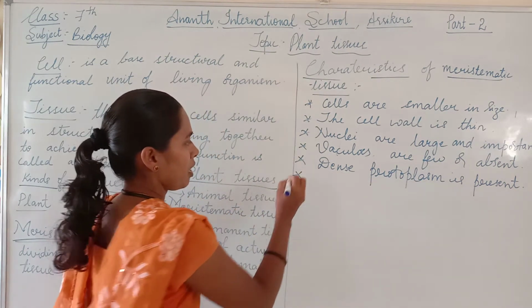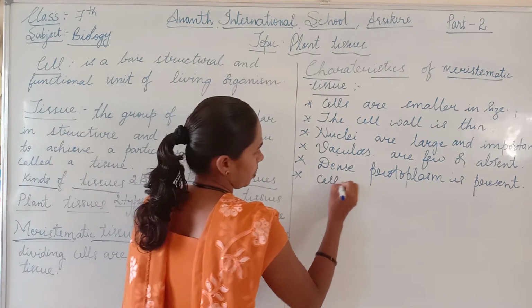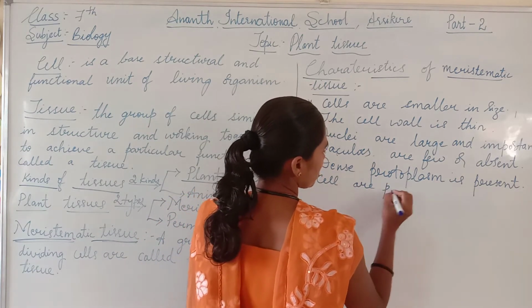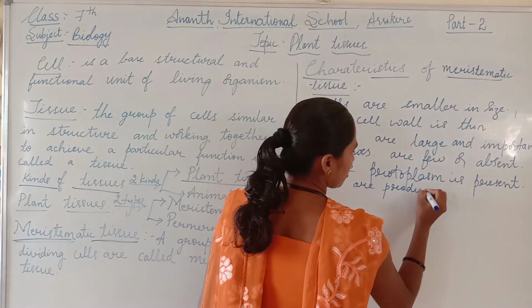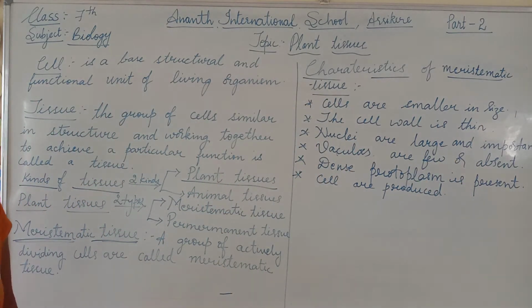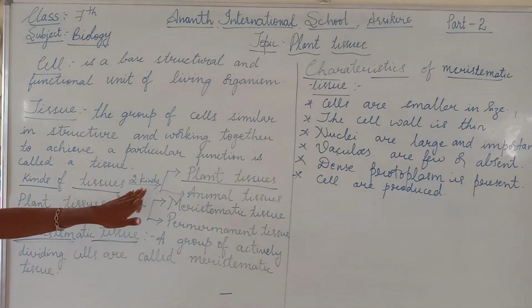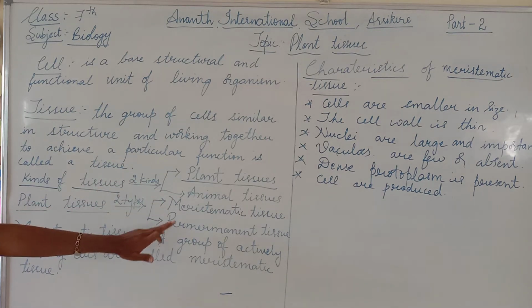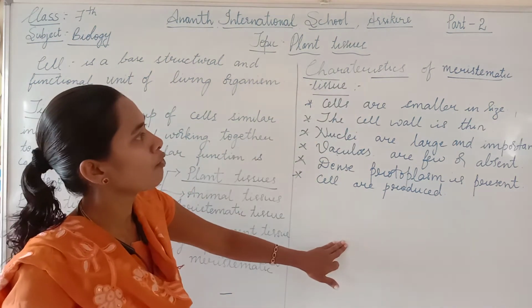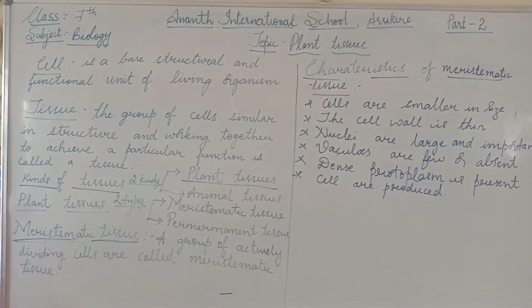And another one, that is, new cells are produced. These are the characteristics of the meristematic tissue. So note down these points: the definition of the cell, the definition of the tissue, then the kinds of tissue, two types of tissues, meristematic and permanent tissue, then the definition of meristematic tissue, and note down these characteristics of meristematic tissues.